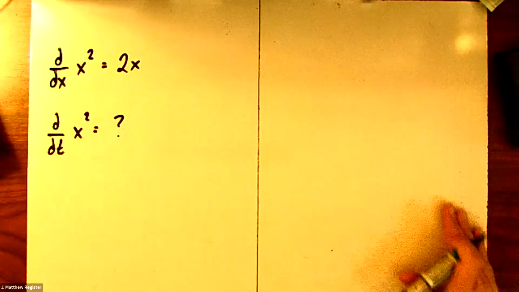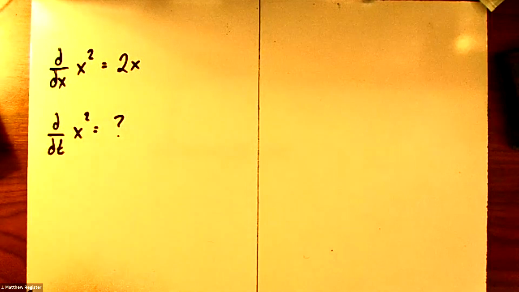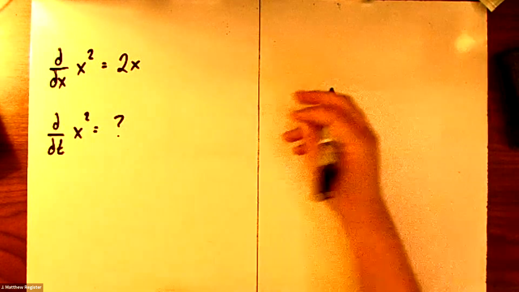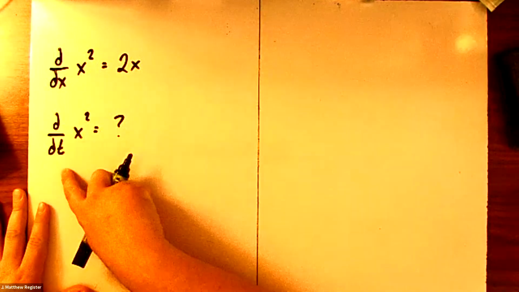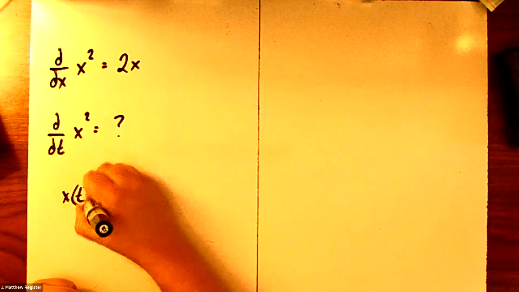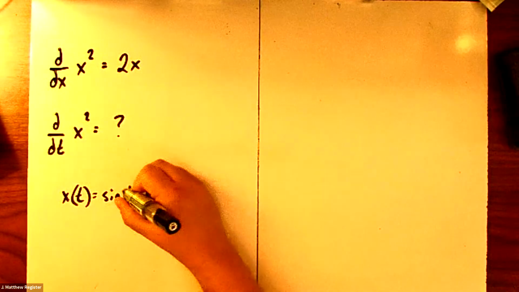Well, in this case, it really depends on how the x function and the t function are related to one another, which is where we get the idea of related rates coming up. For instance, let's suppose that we knew that x was a function of t. Let's suppose that x of t is equal to sine of t.